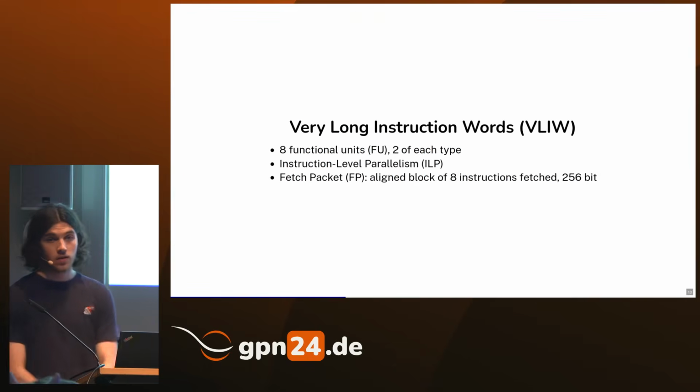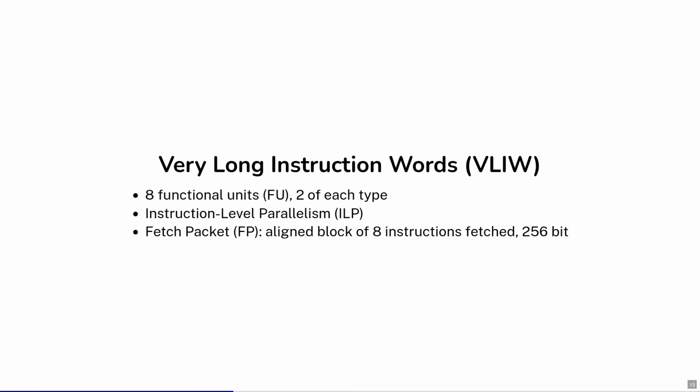This is a very long instruction word architecture. We have 32-bit instructions, but they are usually grouped into a group of 8 instructions. We had 8 functional units, and 8 instructions mean each cycle, each functional unit could be used. We load 8 instructions, and they could be executed.